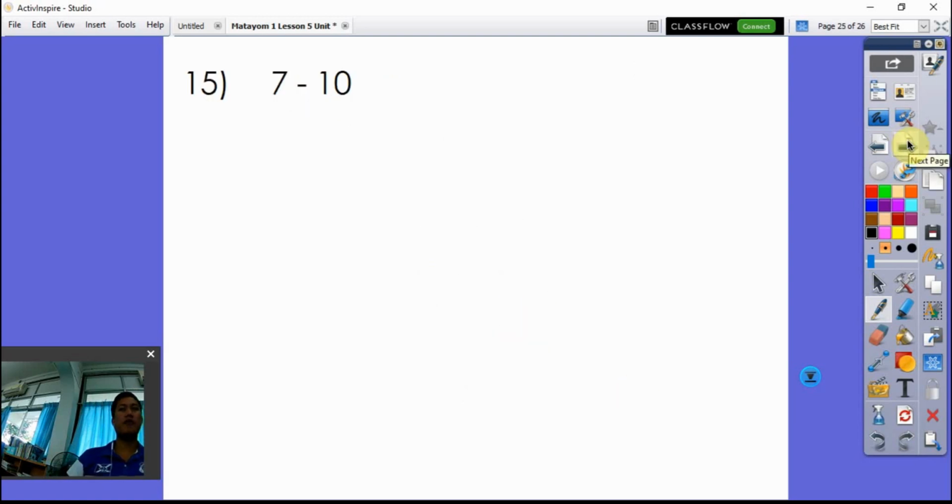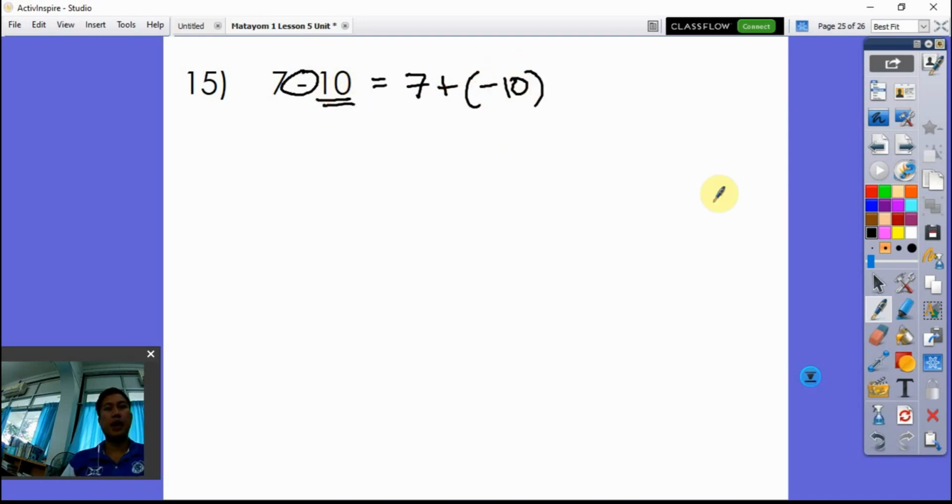And let's look at our final answer today. So we have 7 minus 10. Write the first number, change the minus sign into plus, change +10 into -10. Okay, maybe we'll use method number 3. Find the larger number. The larger number here is 10.